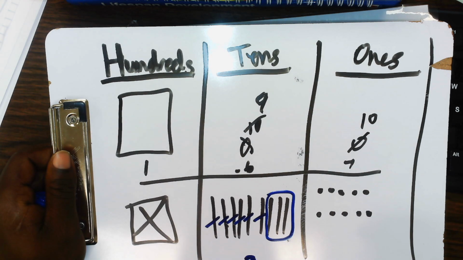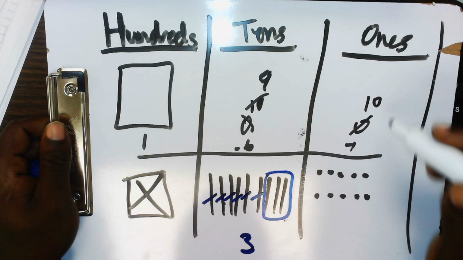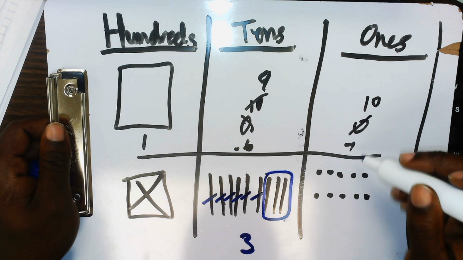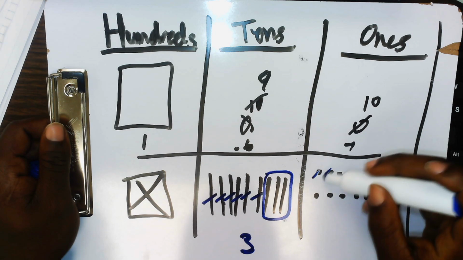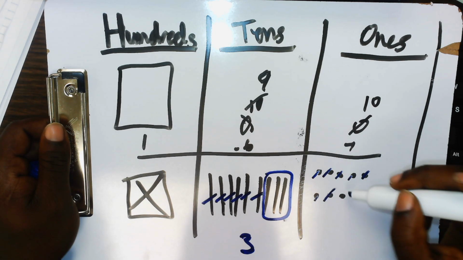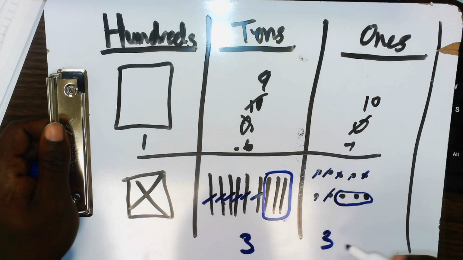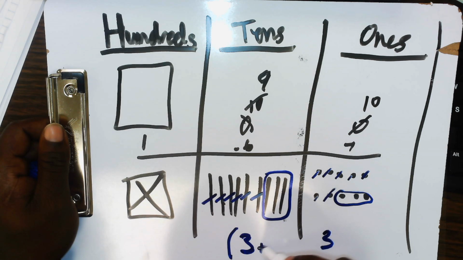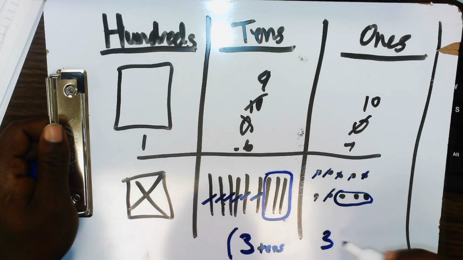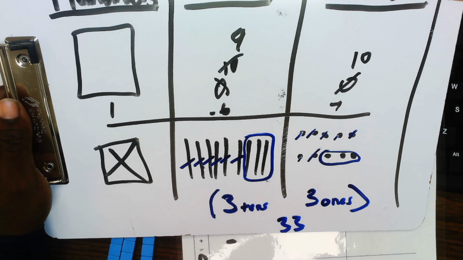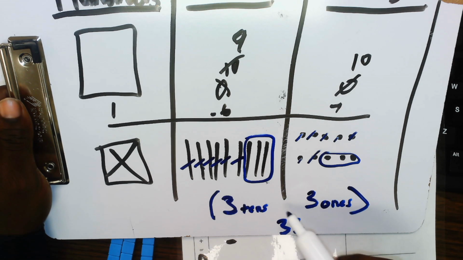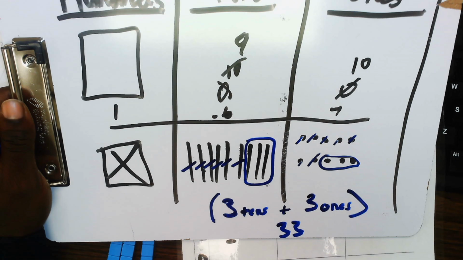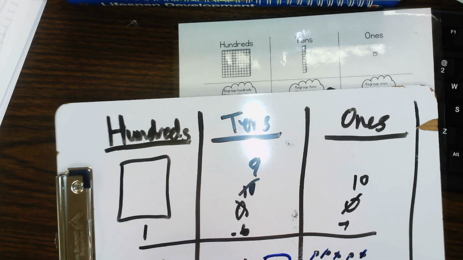So there's 3 tens. And also we got 7 ones we have to take away. 1, 2, 3, 4, 5, 6, 7. And we got 3 ones left over. So our answer should be 3 tens, which is 30, and 3 ones, which is 33. Answer is 33. Alright. Everybody got it. Good job there.